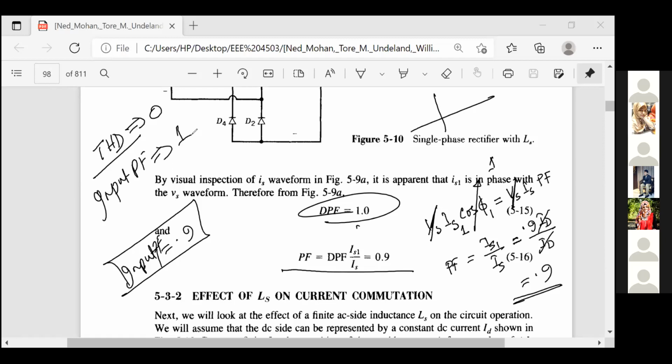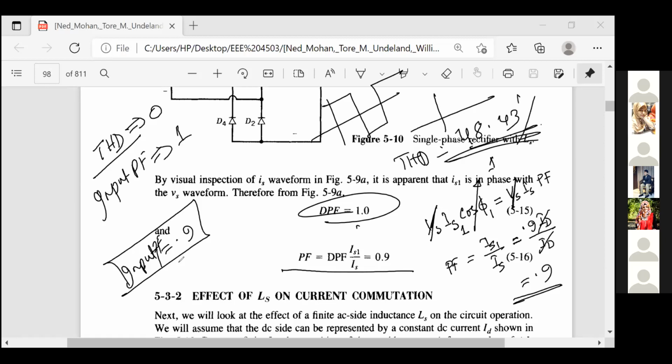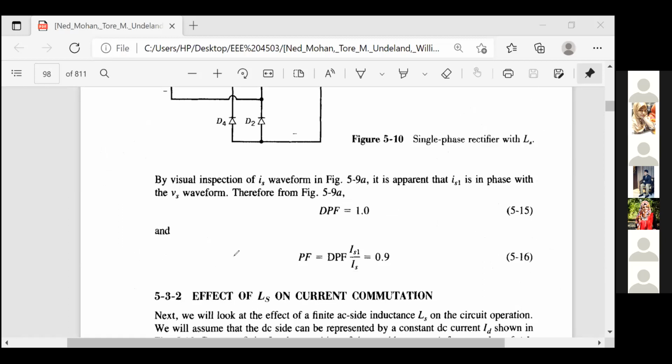But in our case, with the current like this, the total harmonic distortion is 48.43%, and the power factor is 0.9. So our target is to make this one 0 and this one 1. People are working on that, and those who want to do some work in future will have to do this.